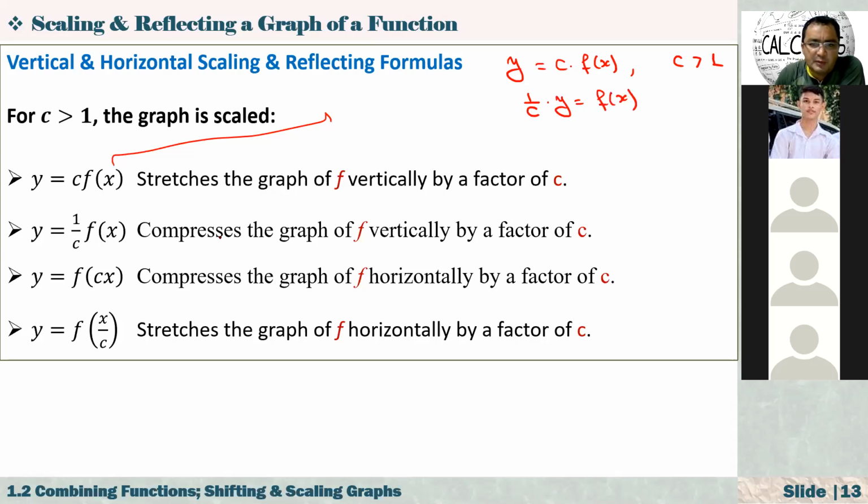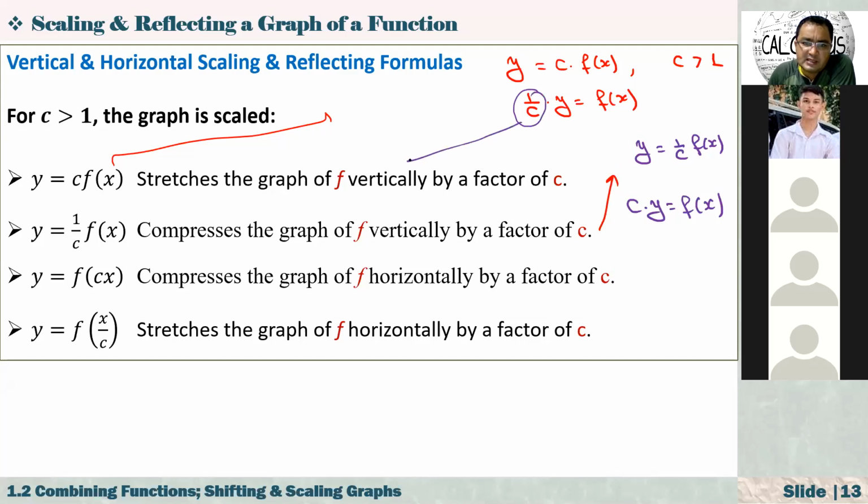But how about the second one? Here y equals 1 over c times f of x, where f is our original function. If you take this c to the right-hand side, we have c times y equals f of x. So in the first case we are multiplying y by 1 over c, and that is a vertical stretch.